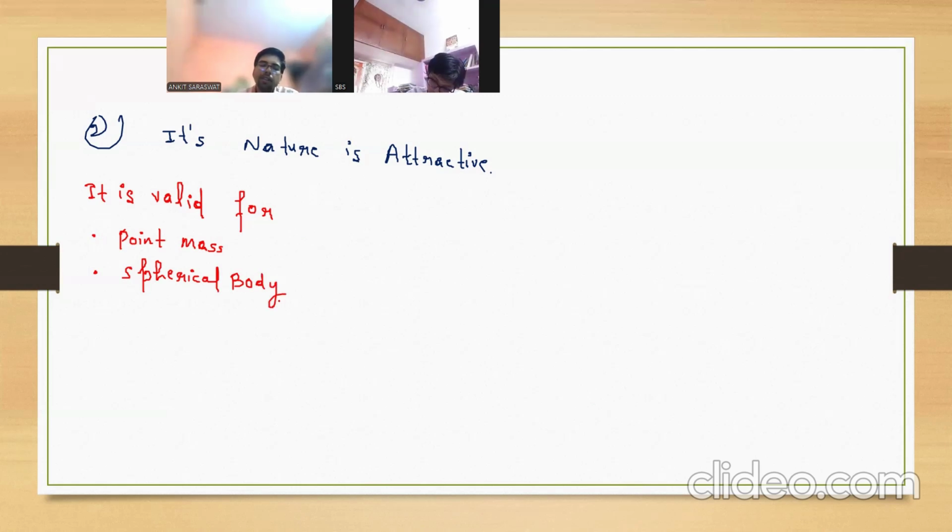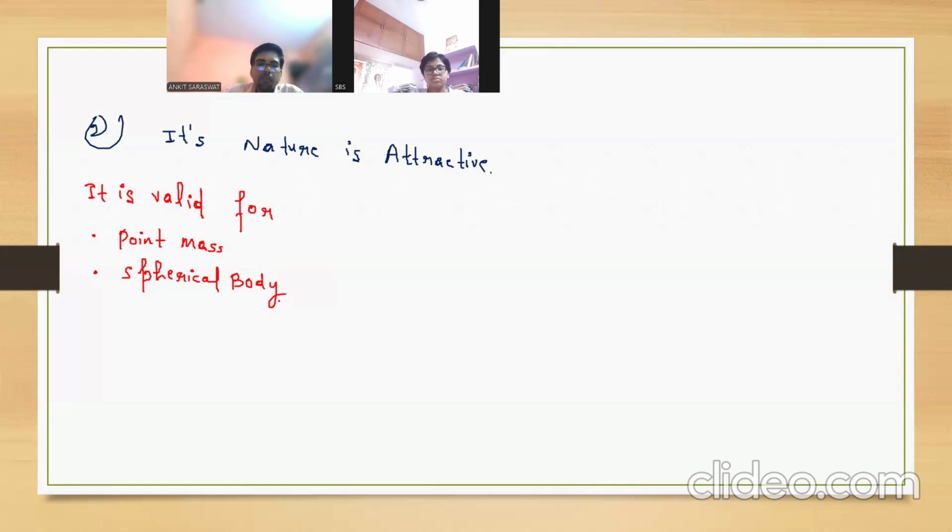And how will you understand the meaning of point mass? For example, sun and earth. Can we apply this on sun and earth? Yes, because the sun is quite far from the earth. Then both are point masses with respect to each other. If two bodies are far away, like a star, it is a point mass.